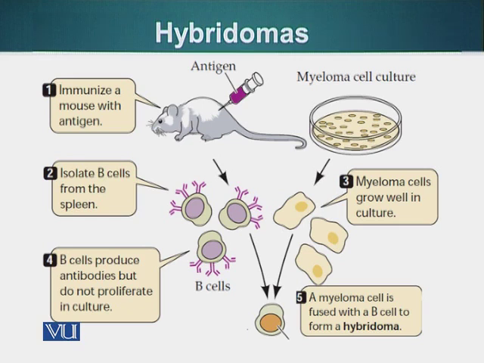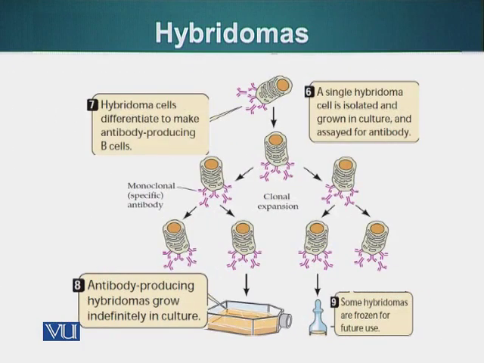Cancer cells, as we know, have the ability to divide and divide. They're immortal cells. Therefore, when the B cells fuse with the cancer cell, they also become immortal. They will continue dividing and producing antibodies. These special fused B cells are grown in culture, and the media which contains the antibodies is removed, and antibodies are isolated from the media, purified, and given to patients.